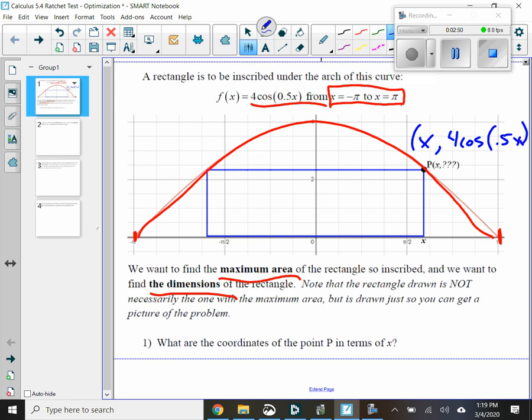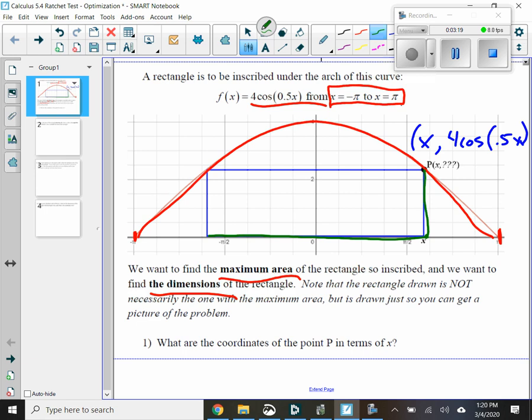Now, I just want to make an observation here. This is directly from the book, directly from the practice problems that I recommended that you do. Does that make sense? So we all know that the area of a rectangle is base times height.